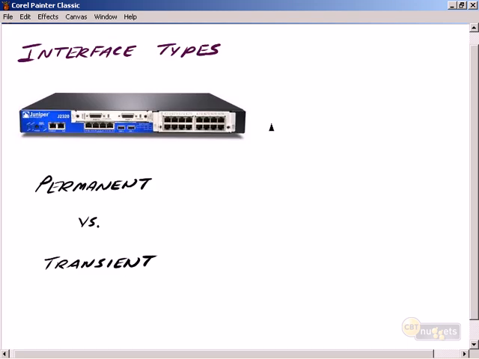Now, since our Juniper device, in this case our J2320 router, is going to be switching and routing traffic from an ingress interface to an egress interface, right, inbound to outbound, it would really help us to understand the different interfaces that we have and can have on our router.